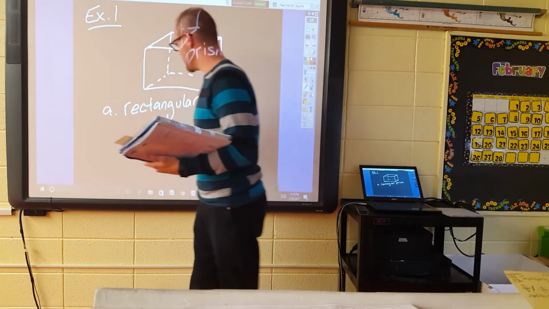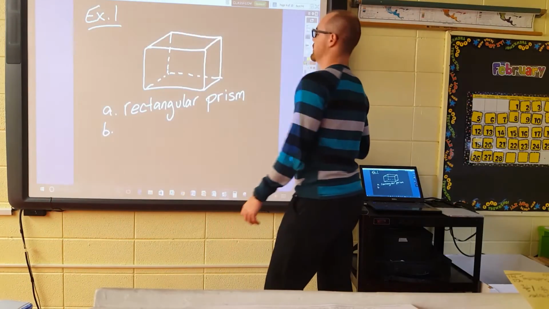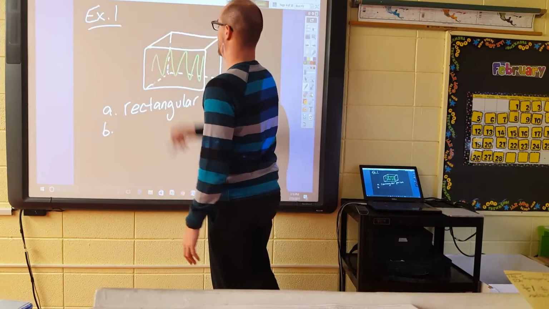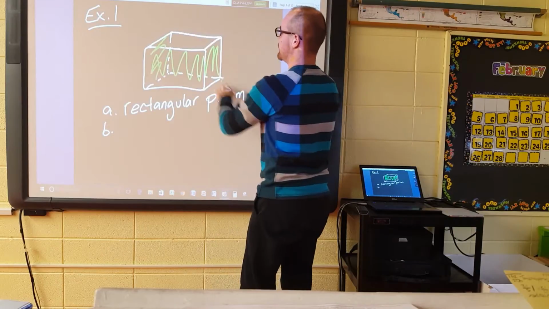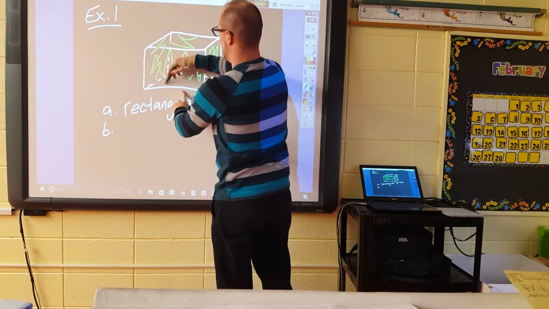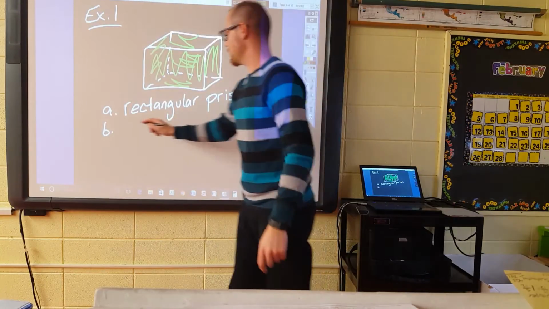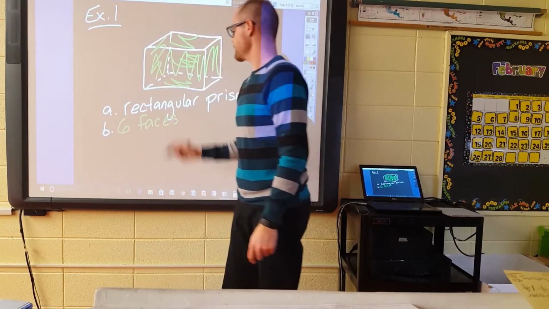It says how many faces does it have? Well, we're going to count and I'll cross them off. This front face is 1, the left side is 2, the right side is 3, top 4, bottom 5, and then we've got the back side. So this rectangular prism has 6 faces.